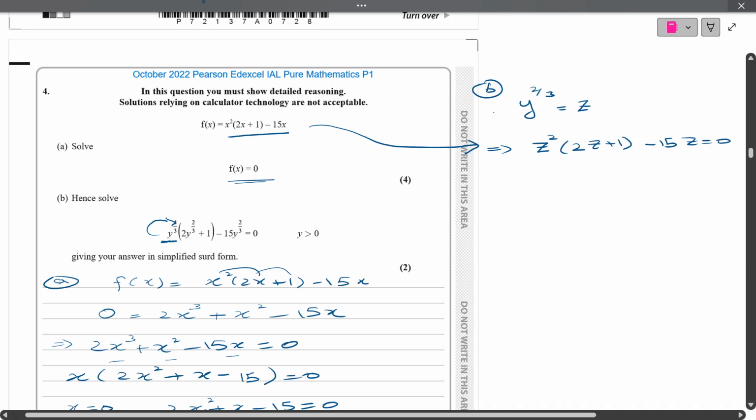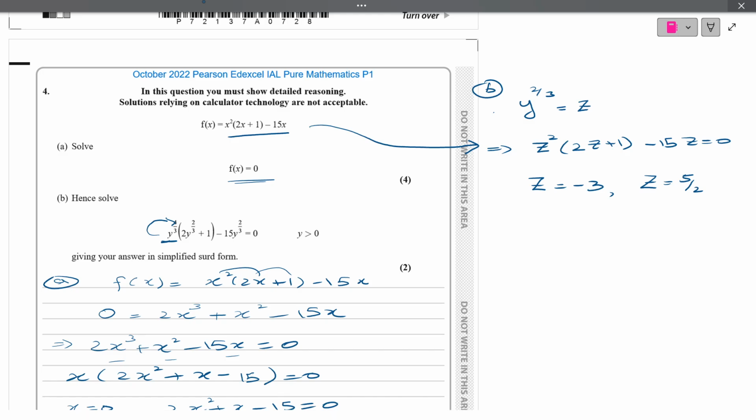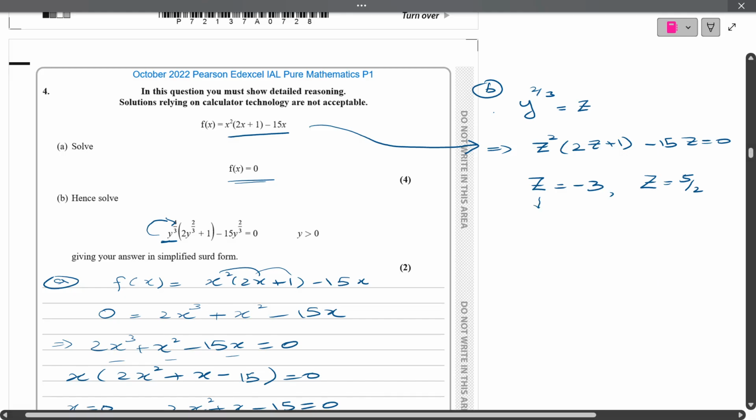So it means that z is negative 3 and z is 5/2. Now I can find y. I assumed that z is y raised to power 2/3, so let's replace z with y raised to power 2/3.